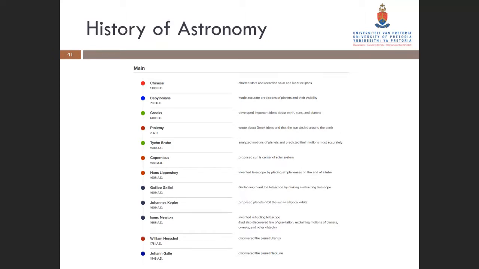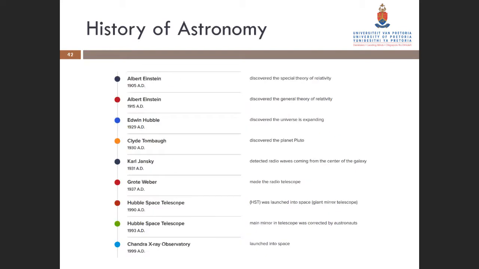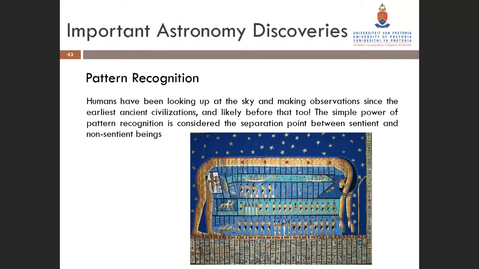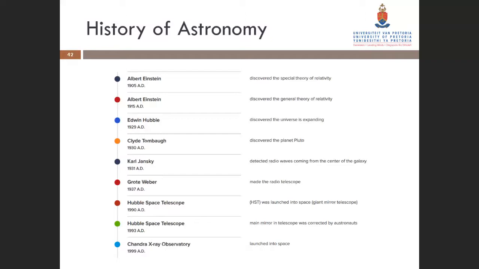Johann Galle discovered the planet Neptune. Then we have Einstein, Hubble, Jansky, Grote Reber, the Hubble Space Telescope, the Chandra X-ray Observatory, and that is where we are today.